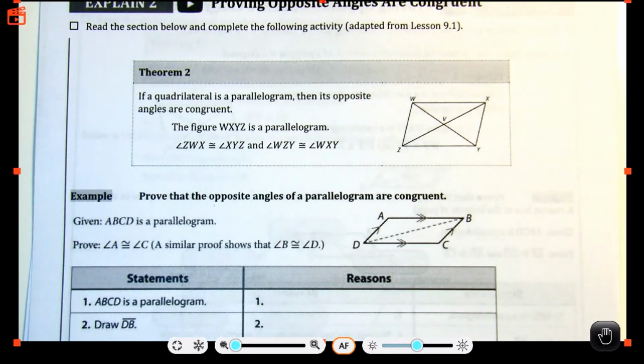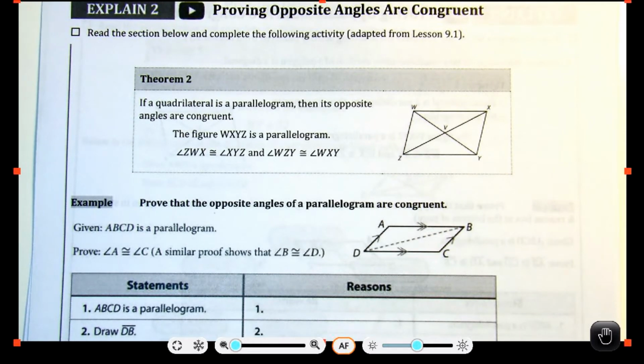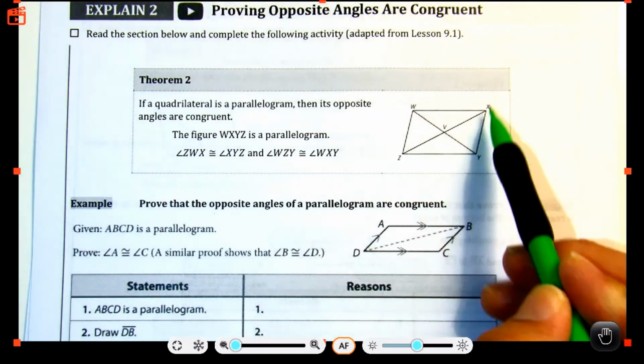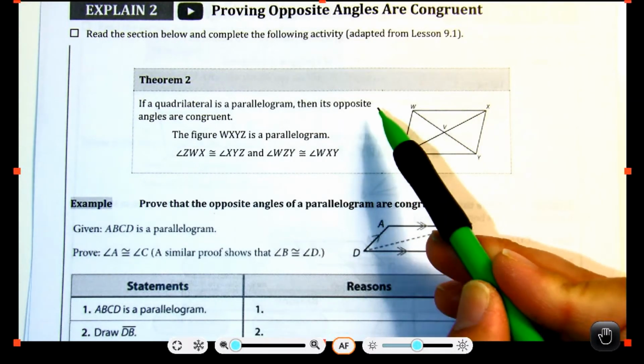Okay. So theorem 2: if a quadrilateral is a parallelogram, then its opposite angles are congruent. So we have a quadrilateral that's a parallelogram, and what this theorem is telling us is that the opposite angles are congruent.